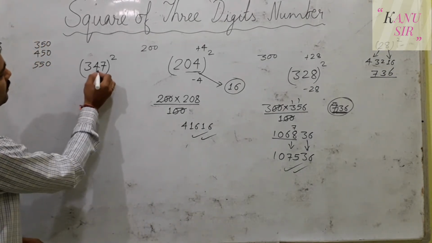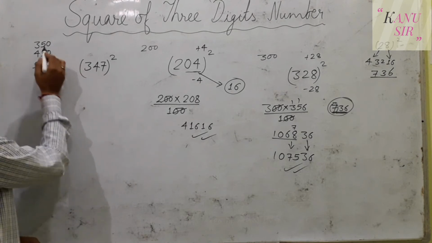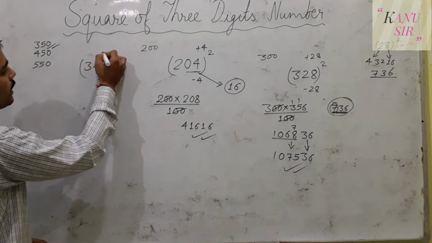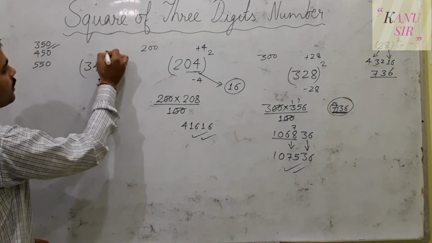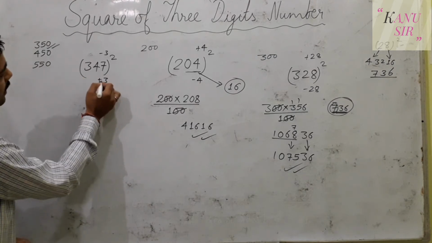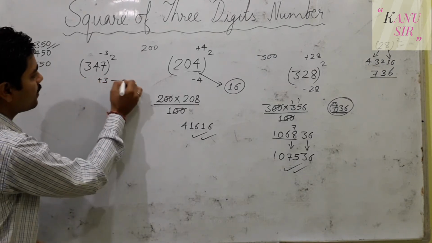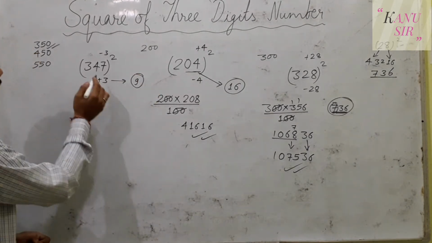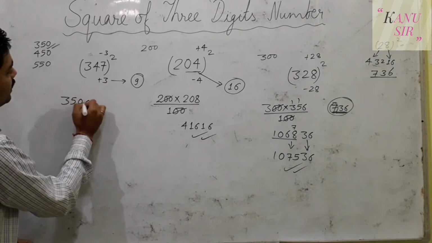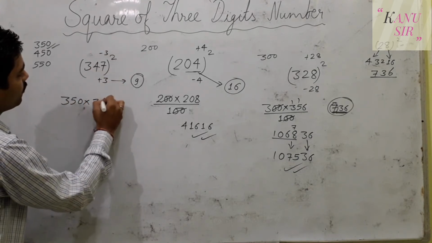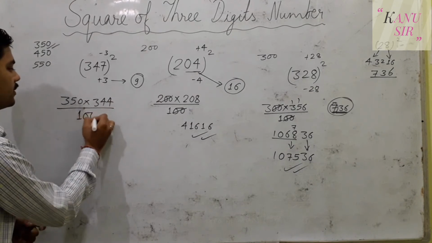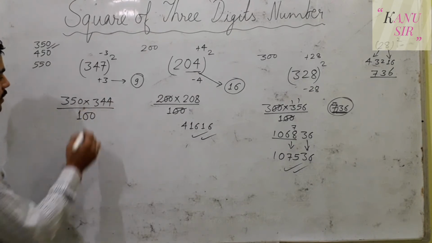So the nearest number from 347 is 350, then by how much? By 3. So we have to add here, added 3, so here subtracted 3 this time. Then let us check here now. Because we have added and subtracted 3, so the square of 3 is 9, and the addition of 3 becomes 350, subtraction of 3 becomes 344, and divided by the nearest smallest 3-digit number, 100.